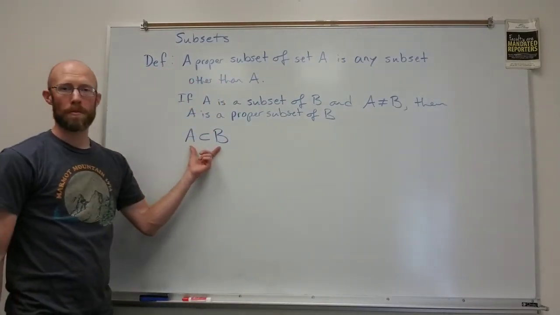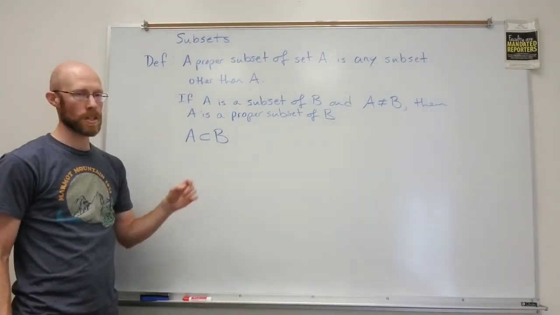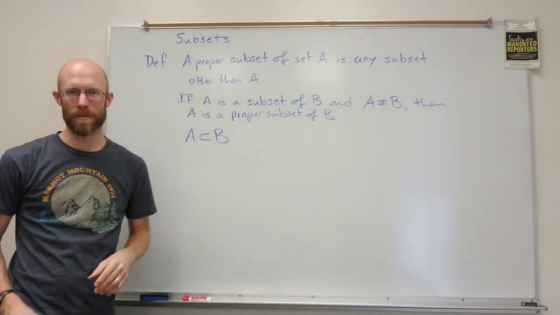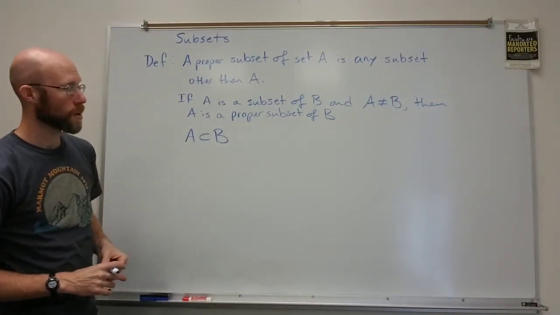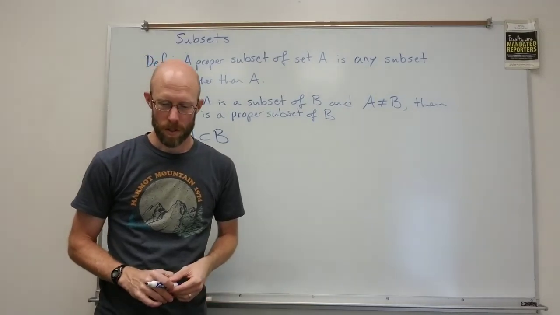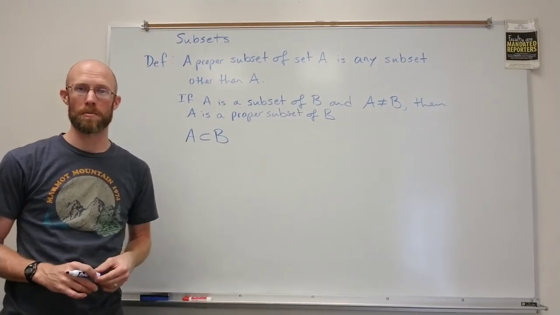So this is for a proper subset, and then just a general subset has the little equal line underneath it. Hopefully that clarifies a couple definitions for you.